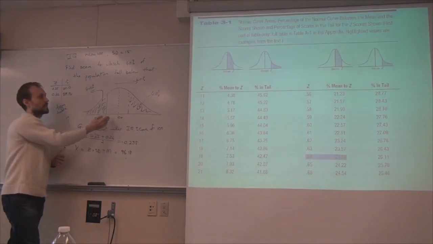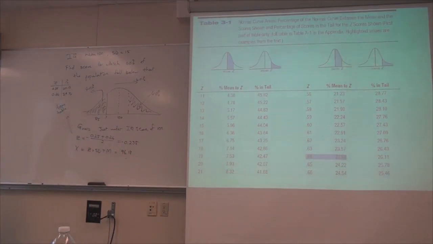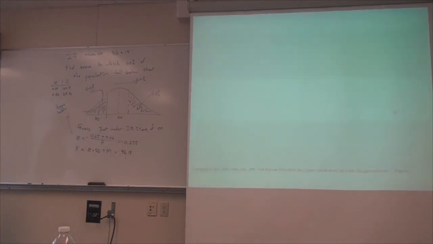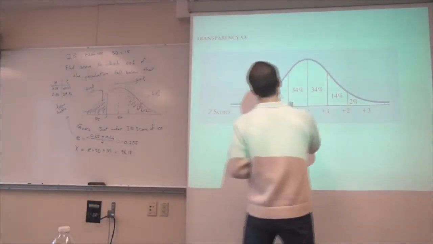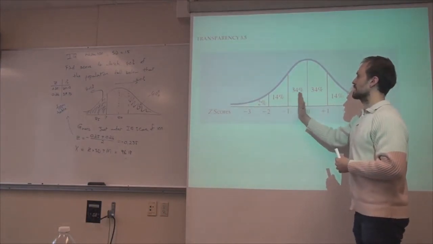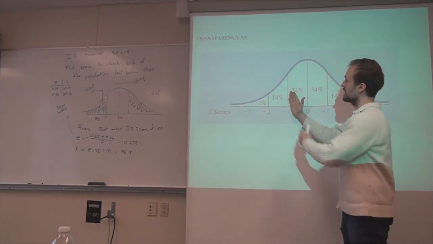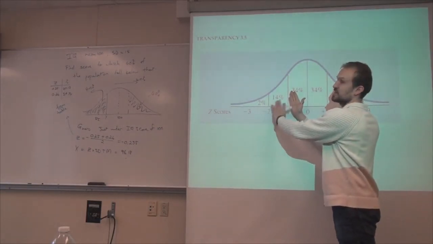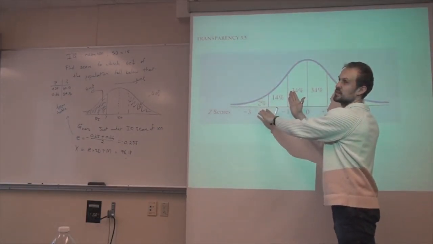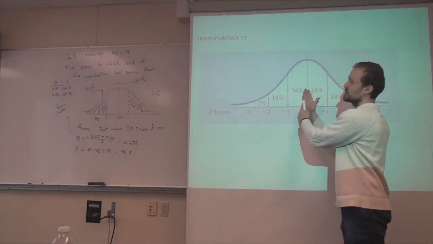But I also want to check how many standard deviation steps do I jump to the left. Do I move so far to the left that I'm crossing over this line to this region? No, because if I'm crossing over the -1 line, then I only have 16% on the left, and I want 40, so I'm not going to get close to this line. I'm just going to be over here.